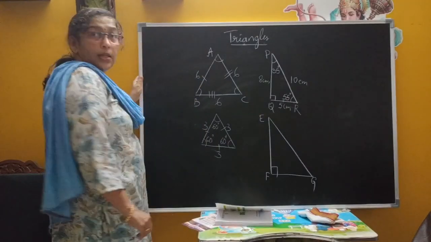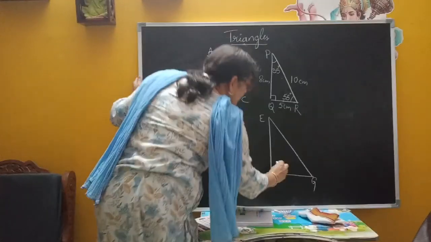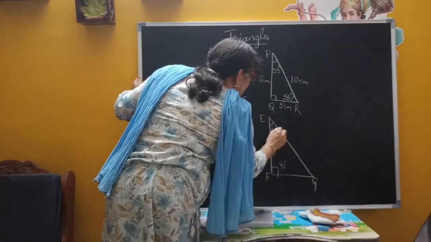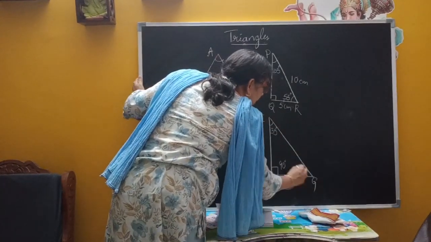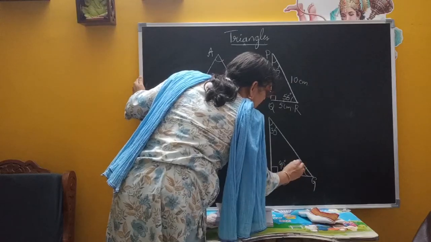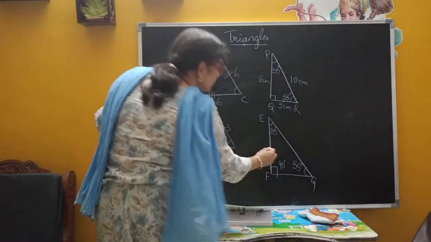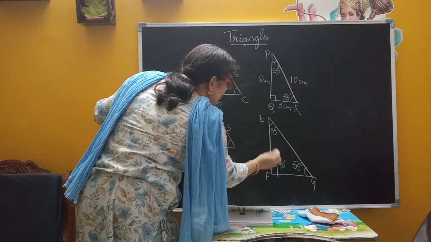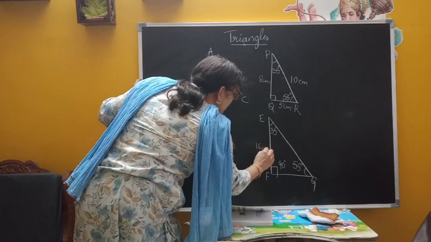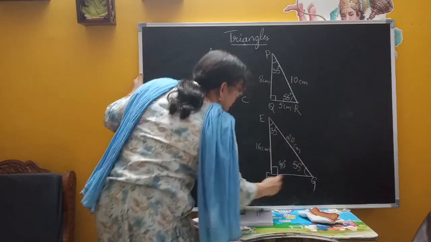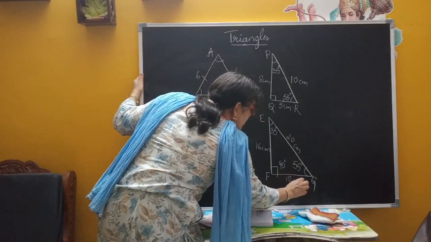In this triangle, this is 90 degree, and here this is 35 degree and 55 degree. Let us assume the sides are 16 centimeter, 20 centimeter, and this is 10 centimeter.